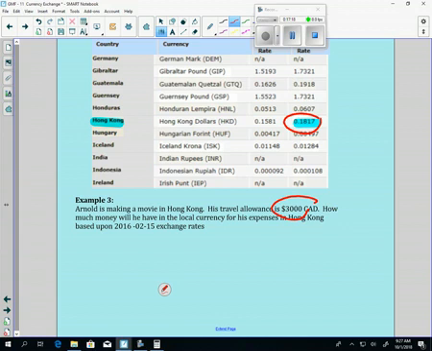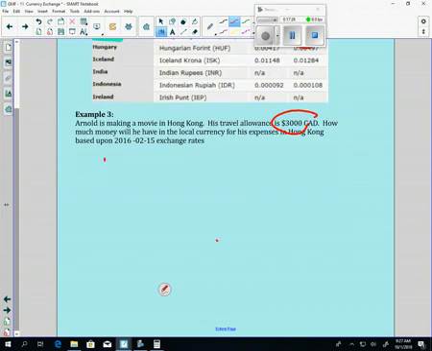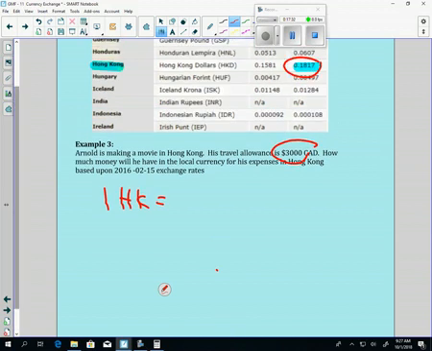That's what it's going to cost me for every Hong Kong dollar is 0.1817. So again, I just set up that ratio. 1 Hong Kong dollar is equal to 0.1817 Canadian. And then set up the fraction.